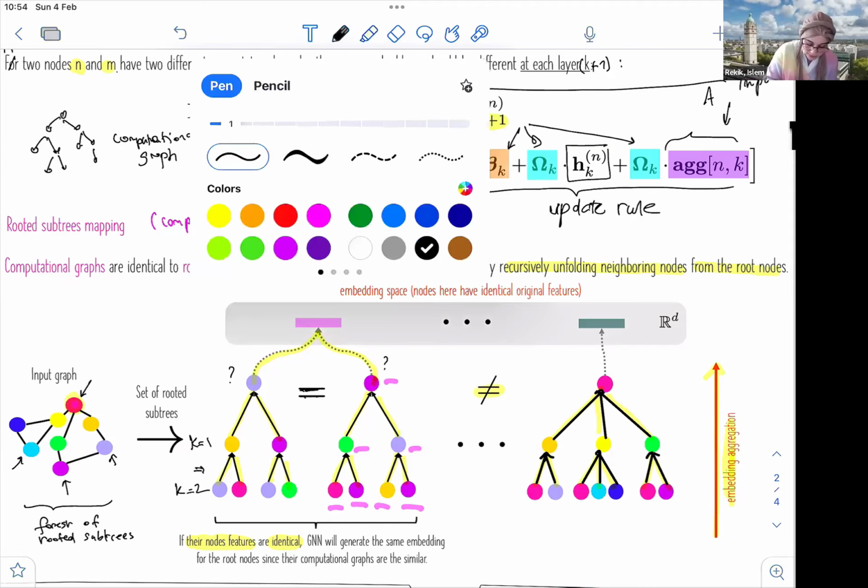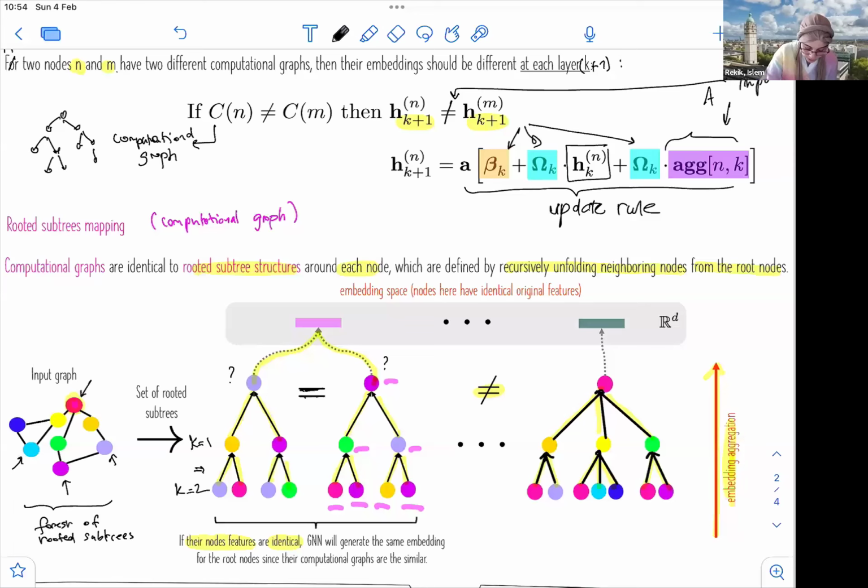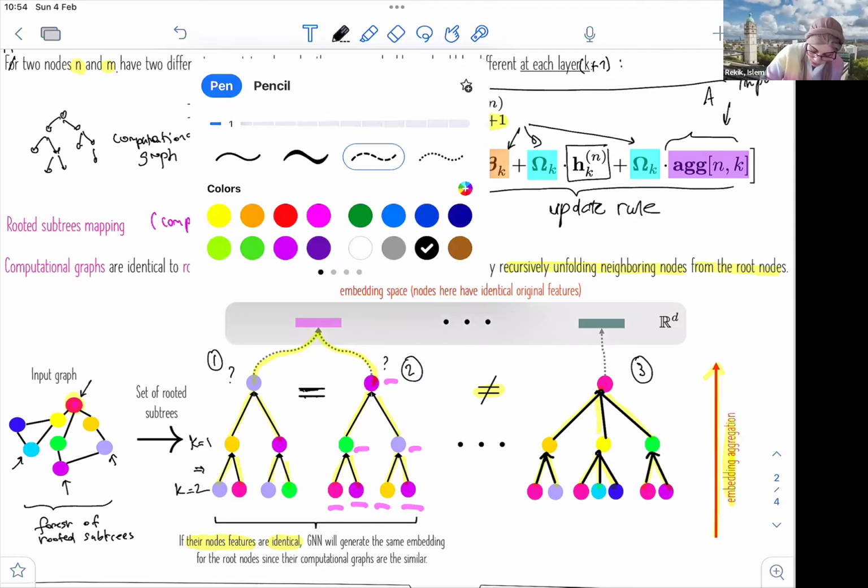Let's call this graph 1 and this example 2. Graph 3 is different from both, so it should map onto a different embedding. We should not have similar embeddings.